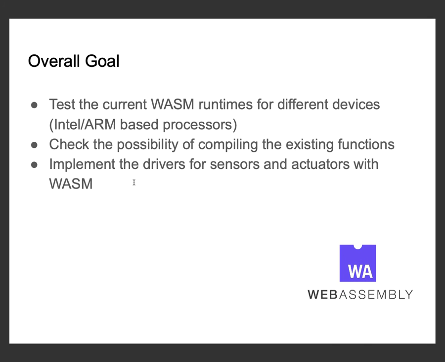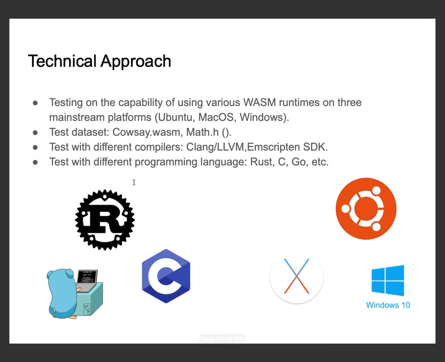The overall goal of the project is to test recent WebAssembly runtimes on different devices and check the possibility of implementing the existing functions on the runtime. So we are doing several tests on various WebAssembly runtimes on platforms: Ubuntu, Mac OS, and Windows.